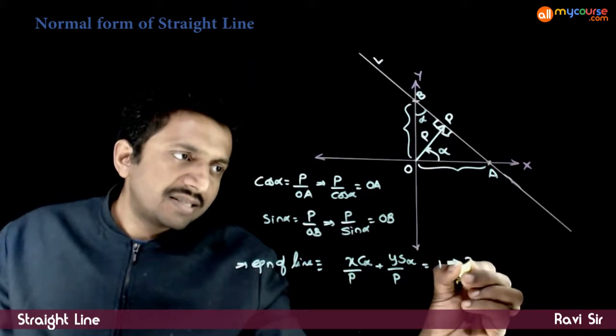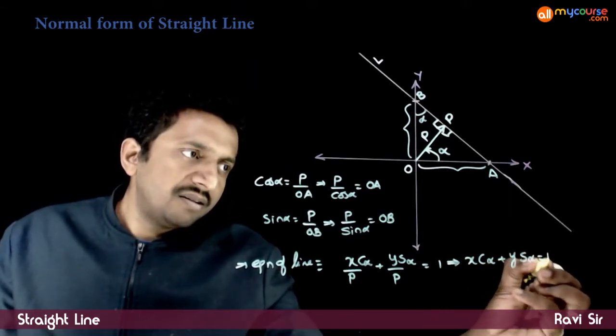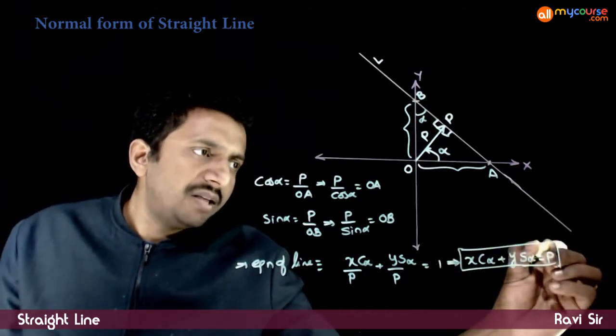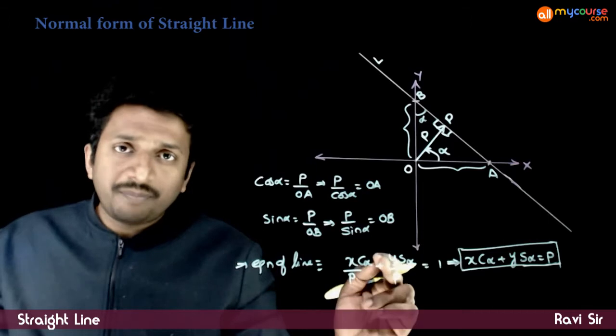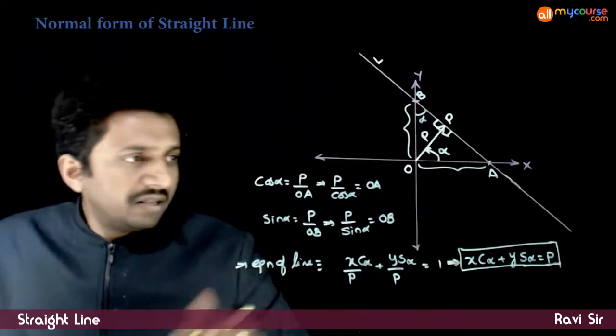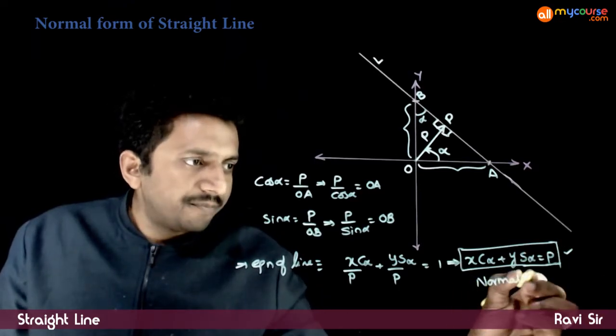This implies x cos alpha plus y sine alpha is equal to P, the perpendicular distance. So this is called the normal form of line.